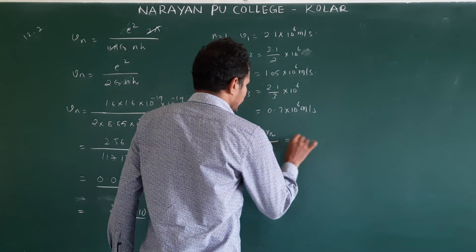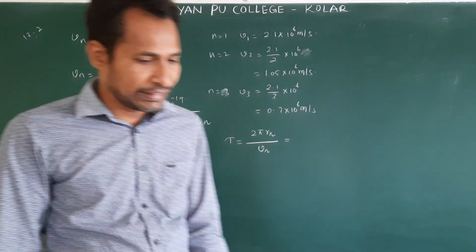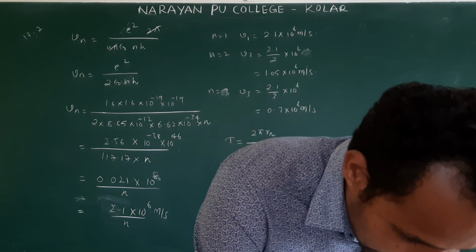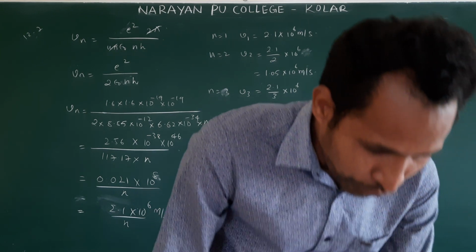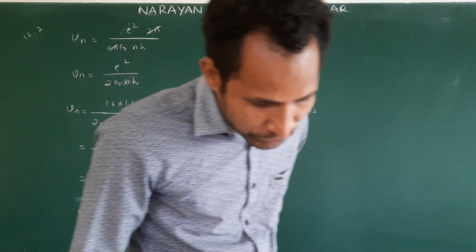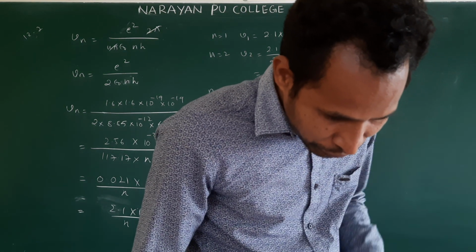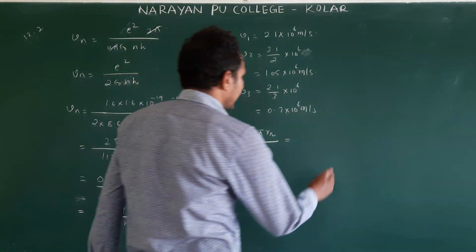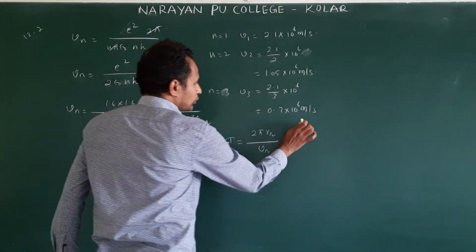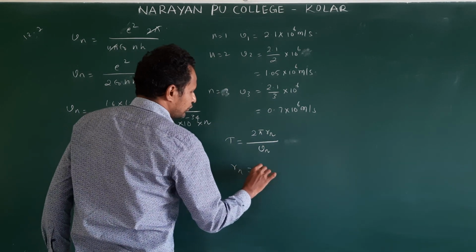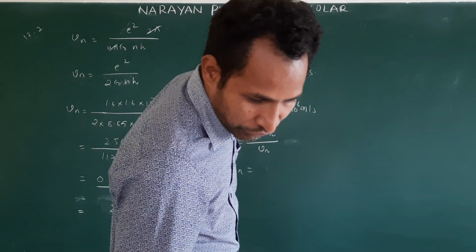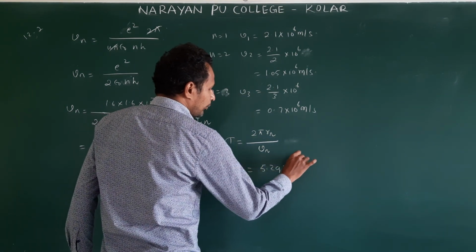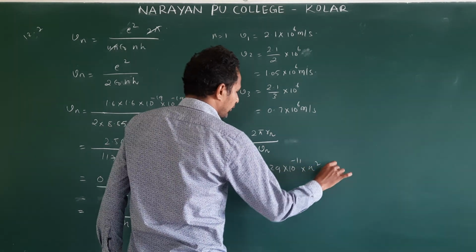Rn is already calculated in terms of n, I have already given the Rn value. We calculated it as 5.29 into 10 power minus 11 into n square meter.